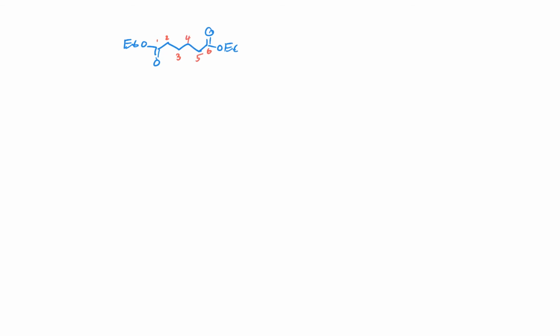So this is a 6-carbon diester, and I can react that with ethoxide as my first step, mild acid as the second step. It's going to be either carbon 2 attacking carbon 6 or carbon 5 attacking carbon 1. I'll show you 2 attacking 6, but you can show 5 attacking 1 on your own and prove that you're going to get the same outcome.